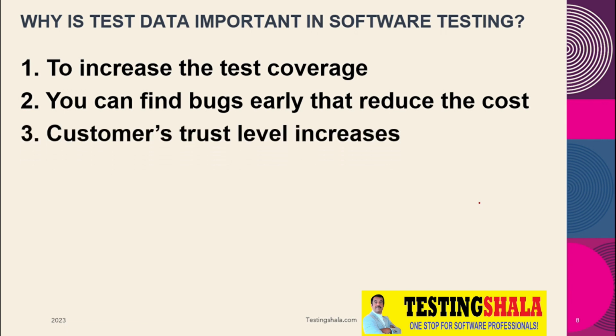The third one is that when we are able to find more issues, that creates a lot of customer trust, because before we put the software into production, we find as many issues as possible. We give the customer software with fewer bugs, so the customer will be happy and will not find critical issues or bugs during production operation.